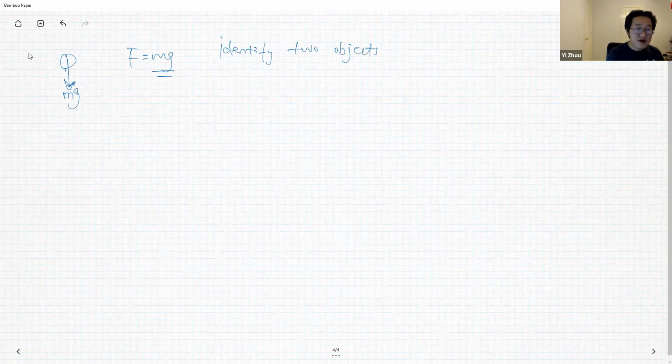So the ball is the object the force is acting on. We call this the target of the force. The ball, right? So where's the source of the force? Source.